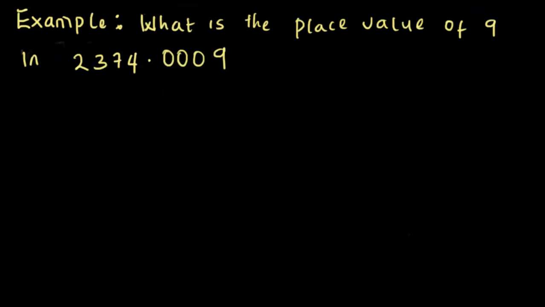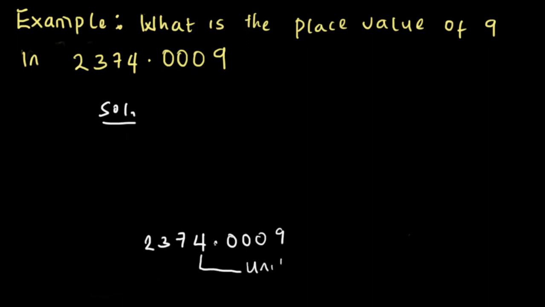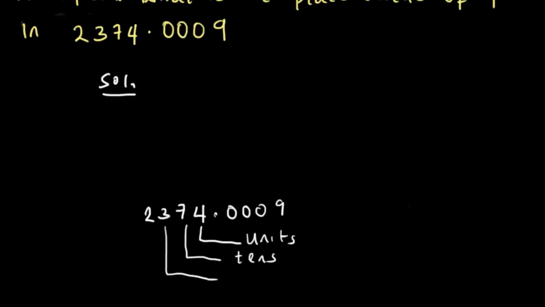Let's take another example. What is the place value of 9 in 2374.0009? Now this is also simple. All you need to do is to follow all that I've taught you. So remember, we have 2374.0009. Before the decimal point, we do it normally, the way we usually do it, and it comes down. So we start with units, we have tens, we have hundreds. You can see everything is ending with S, and then we have thousands.